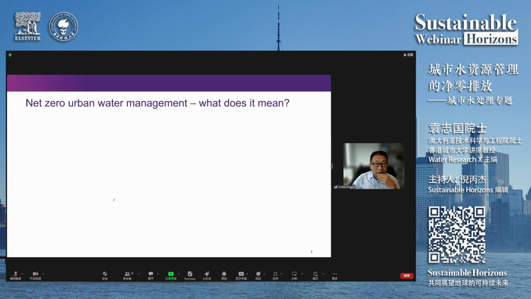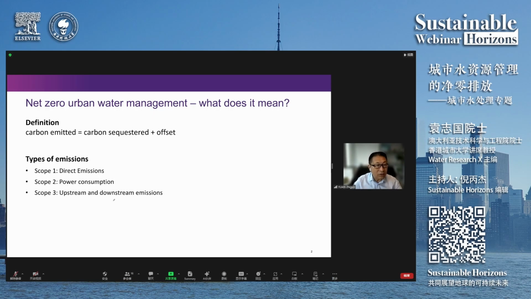Now, in terms of achieving the goal, I think we have to define what we mean by net zero. So net zero really means the carbon emitted from the system is equal to the carbon sequestered by the system. And if we don't achieve that balance, the utilities may have to buy some carbon credit in order to achieve the net zero goal.